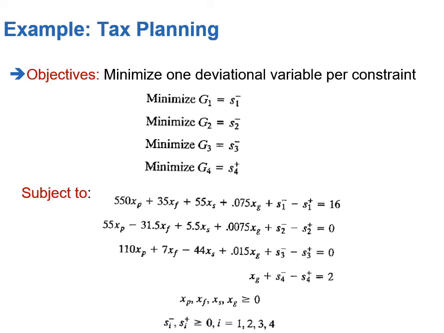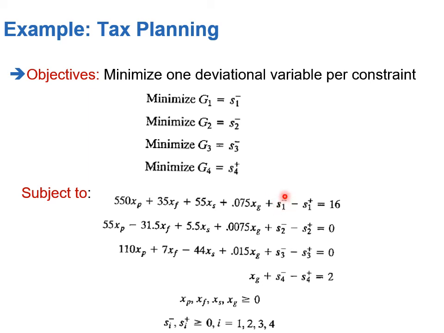Okay, so keep in your mind always for each constraint, whether it's less than or equal to, greater than or equal to, or equal to, we define 2 deviational variables. One represents the negative deviation, the other one represents the positive deviation.